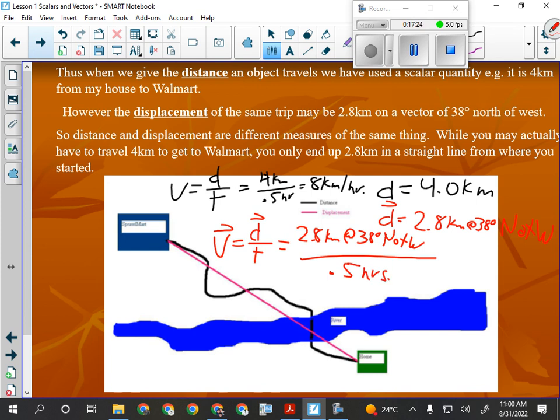It still took me half an hour to change my position by that much. I didn't actually walk the purple line, but that's what I did. That means that my velocity is 5.6 kilometers per hour at 38 degrees north of west. Is it important that the vector is the same for both velocity and displacement?